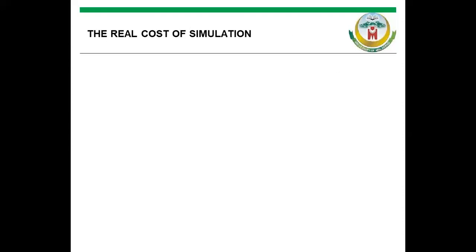Now, the real cost of simulation: through simulation we are actually reducing cost. For example, in the angiography case, I told you that we could use human subjects, but that is too expensive and too risky, and we can't sacrifice humans for such demonstrations.